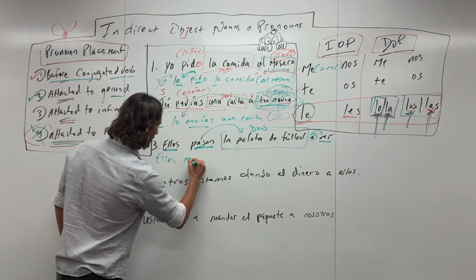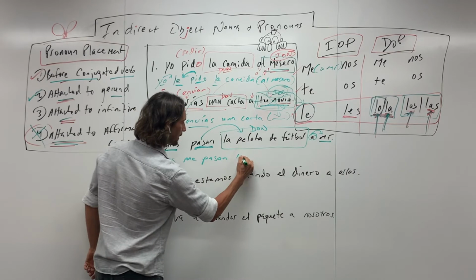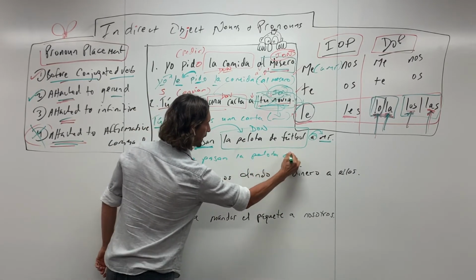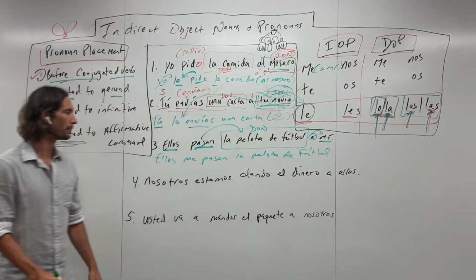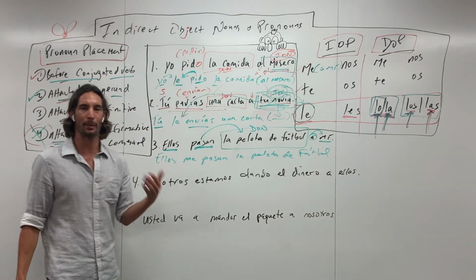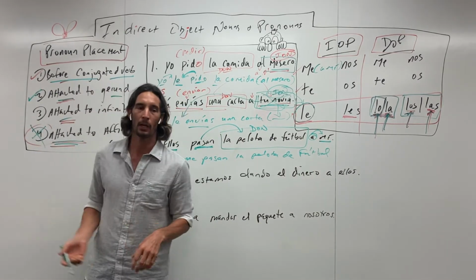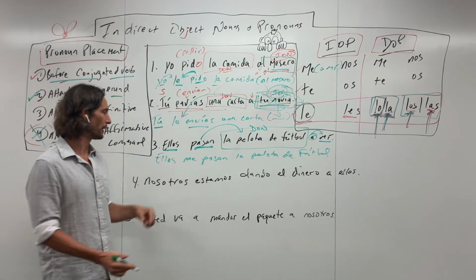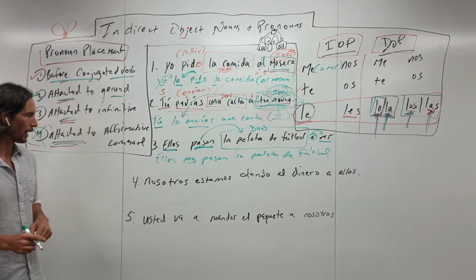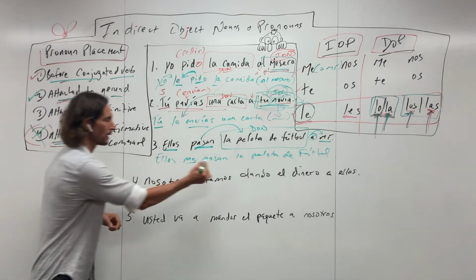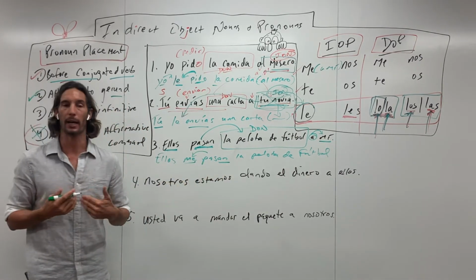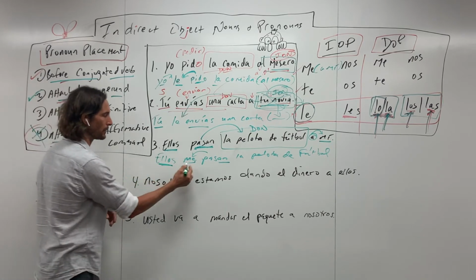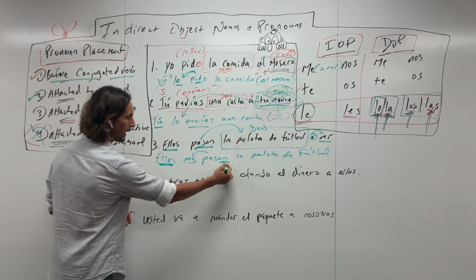Ellos me pasan la pelota de fútbol. Right? There you go. And so now we have ellos me pasan la pelota de fútbol. And you don't need a mí, right? It's understood. And so we have here, again, conjugated verb, putting that pronoun before the conjugated verb. So in between the subject pronoun in this case and the conjugated verb.